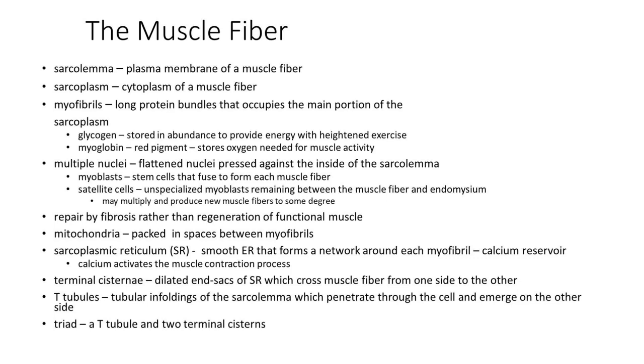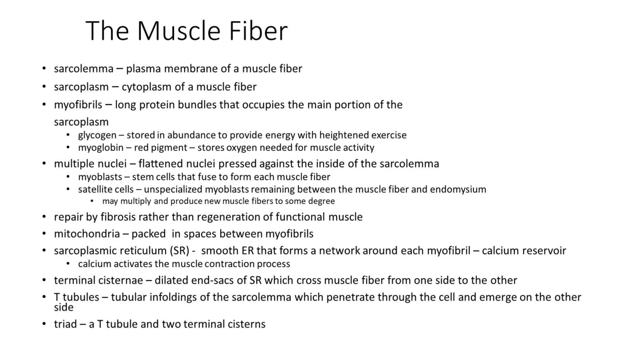These are long protein bundles that occupy the main portion of the sarcoplasm. We have glycogen, which is stored in abundance to provide energy when you have an excessive amount of exercise. And we have myoglobin, which is the red pigment that stores oxygen needed for muscle activity.